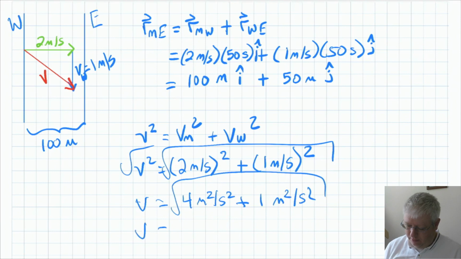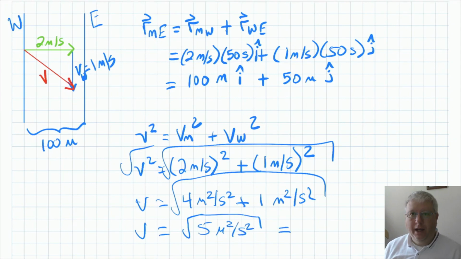All right, so that's a total of 5 meters squared per second squared, right? And the square root of 5 is about 2.2. And of course, I'm left with units of meters per second.